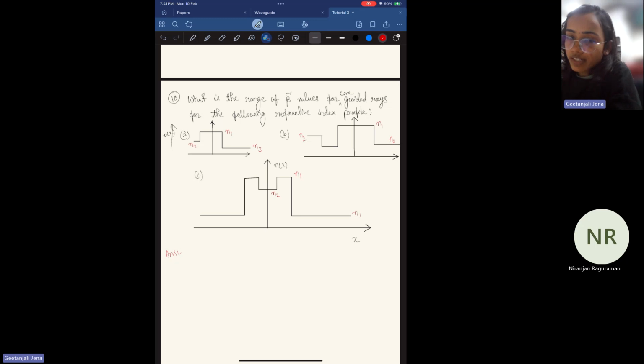So there are different refractive index profiles given in this question. You need to find out what the beta values should be for the guided rays, core guided rays, for the following refractive index profiles. So the ray should guide inside the core.